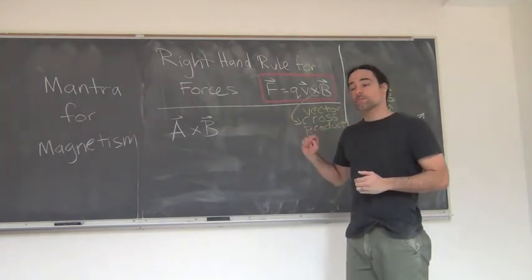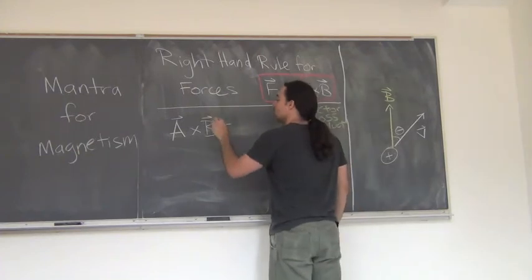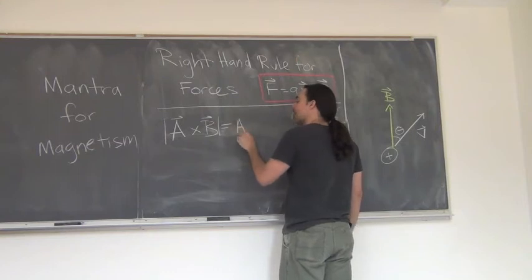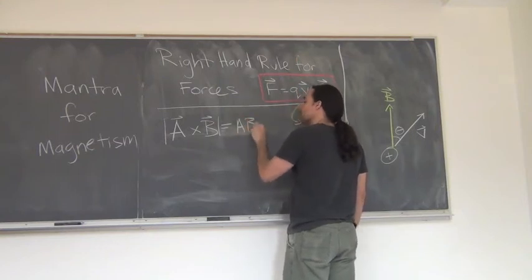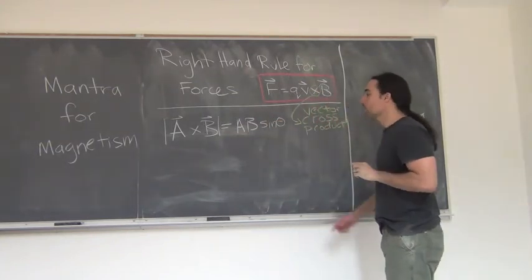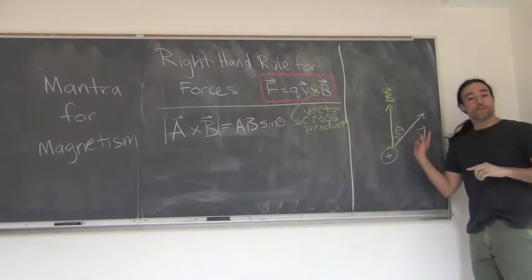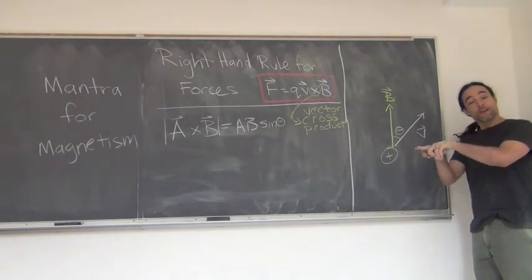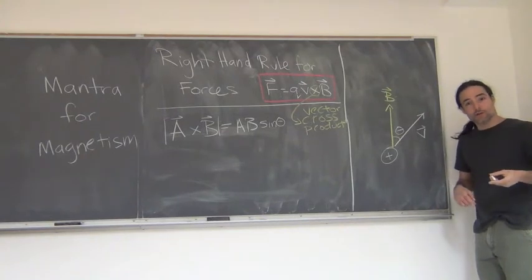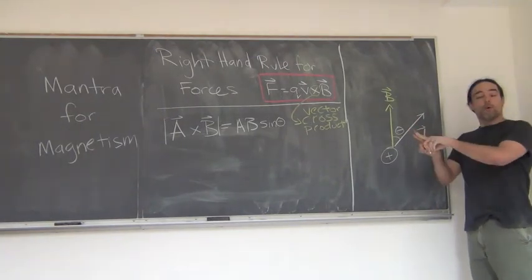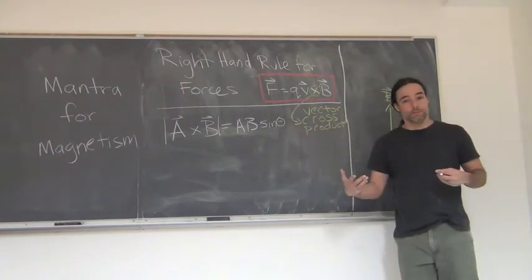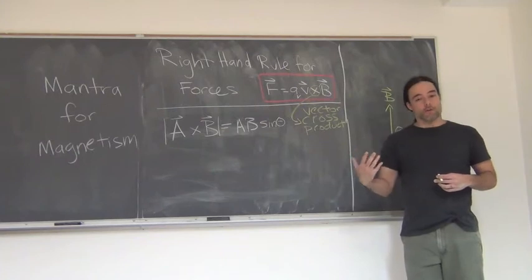If you take A cross B, then the magnitude of that result is equal to the magnitude of A times the magnitude of B times sine theta, where theta is the angle between the two vectors. We talked about if the vectors point along each other, then the cross product is 0. So if V and B point together, that theta is 0, so you're going to get the sine of 0, which is 0. This is just the definition of the cross product.